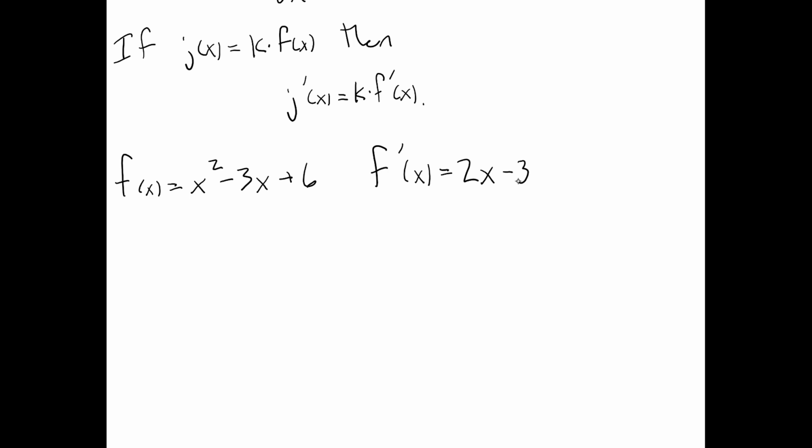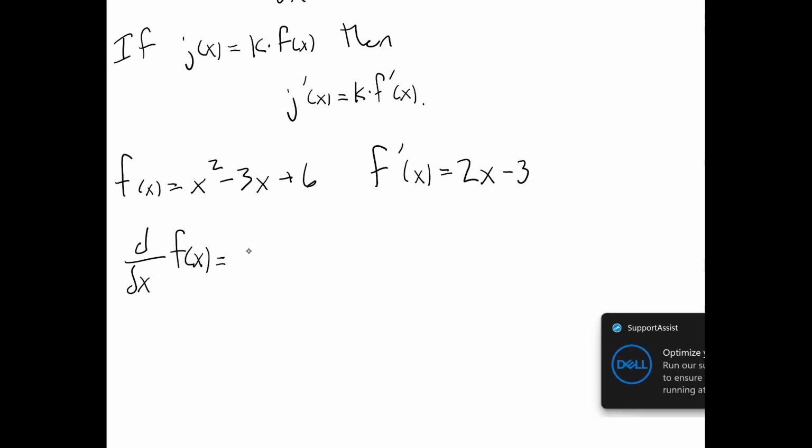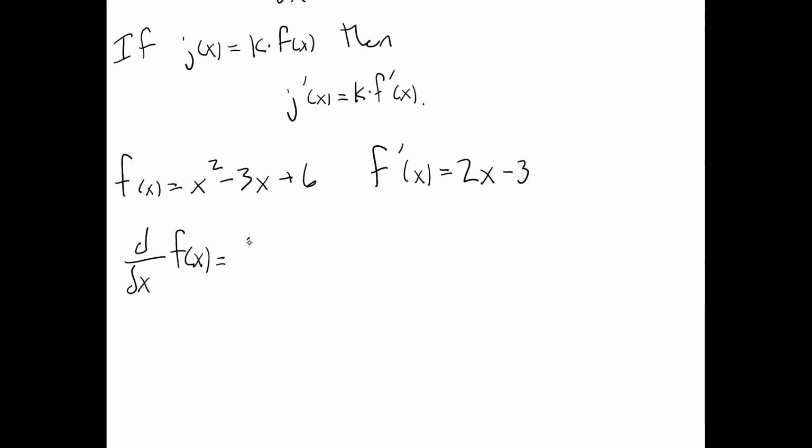But now applying these rules, I want to find d/dx of f of x. Well, that's equal to d/dx of x squared minus 3x plus 6. Now, just like other rules in math, things like sum and difference rules can actually be expanded, right?